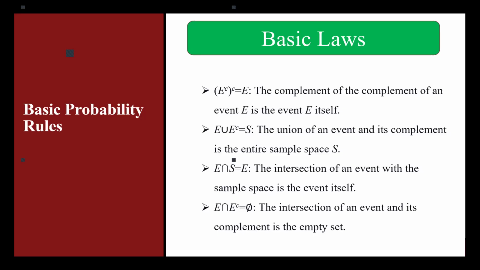The intersection of any event and the sample space is going to be the event, because the sample space is our universe. The shared elements between a specific event, which is the subset, and the universe are going to be that event.